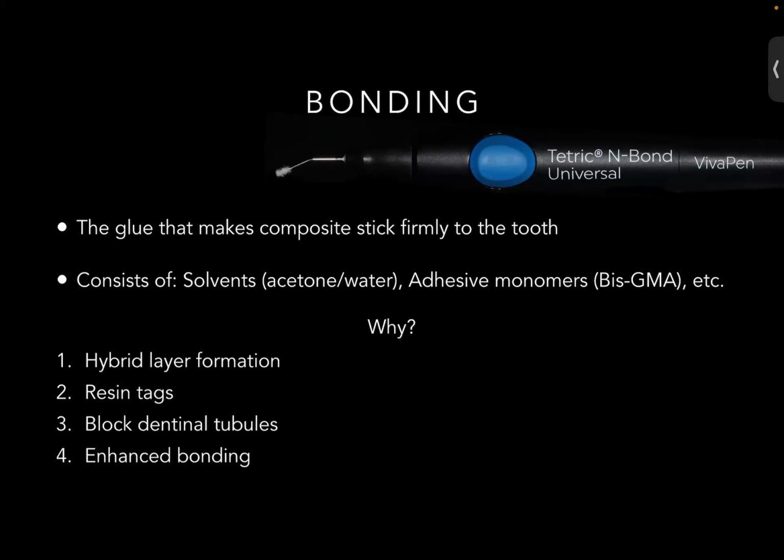You need to get rid of those solvents. Okay, I'm going to tell you how. Why do we do bonding? Hybrid layer formation, obviously. Resin tags, which are a part of the hybrid layer, block the dentinal tubules, leading to reduced sensitivity and obviously enhanced bonding.